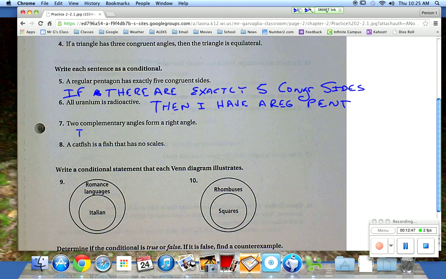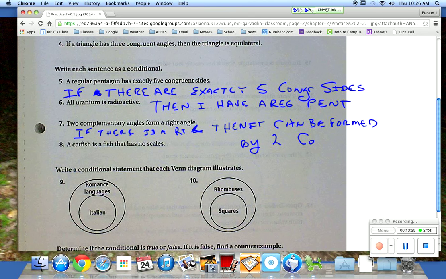Don't write that whole thing out. If there is a right angle, then it can be formed by two complementary angles.